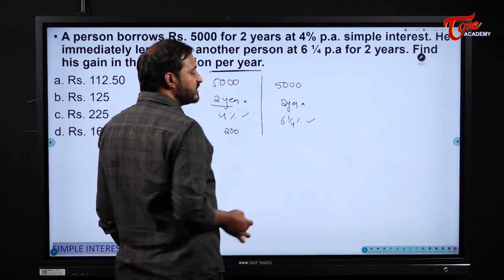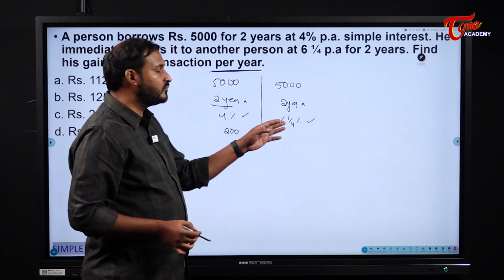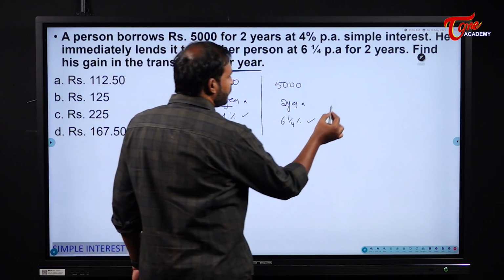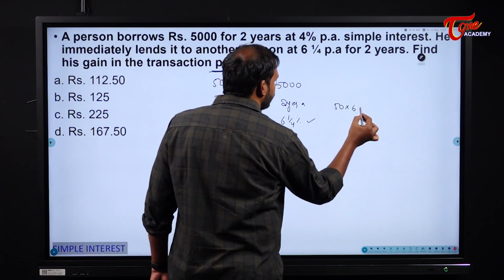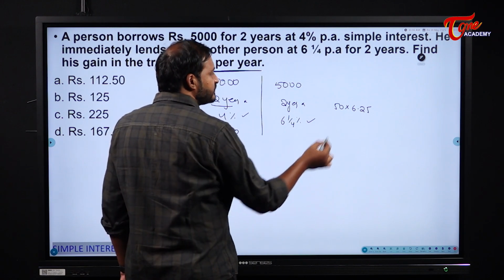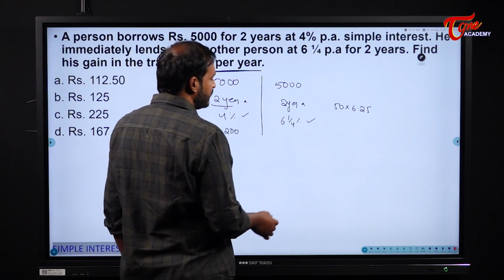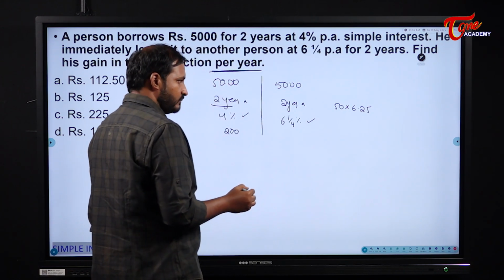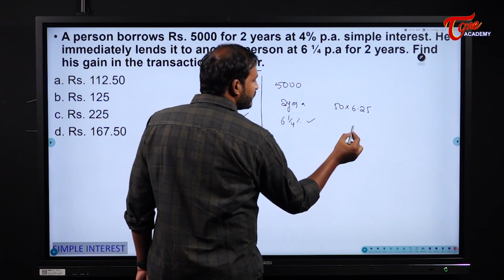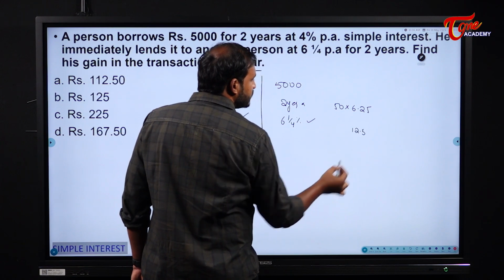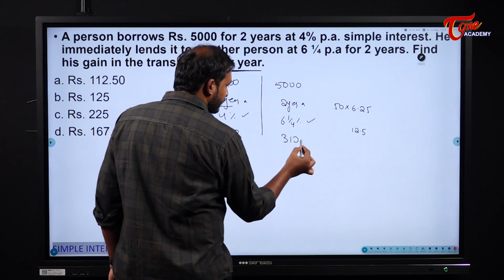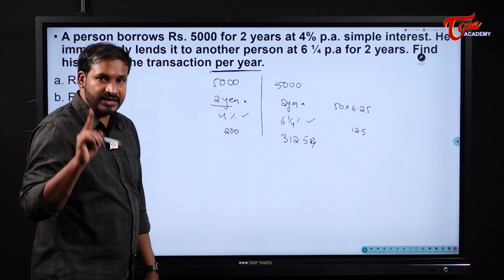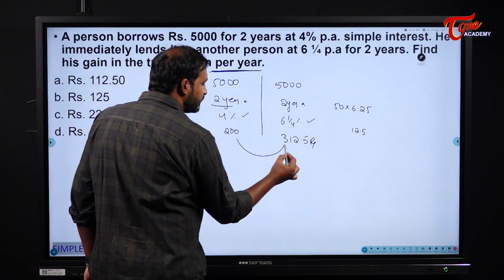Similarly, for 1 year at 6.25%, it is 50 into 6.25. 625 fives are, overall, 62.5 into 5. 2.5 into 5 becomes 12.5. So it is 312.5 rupees.